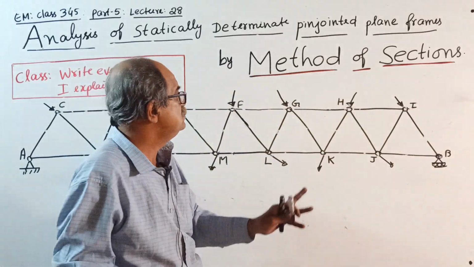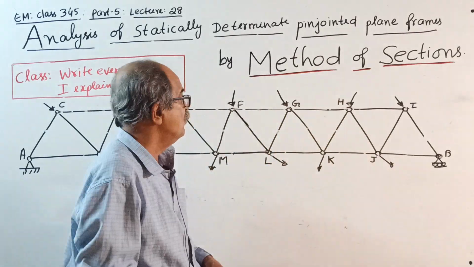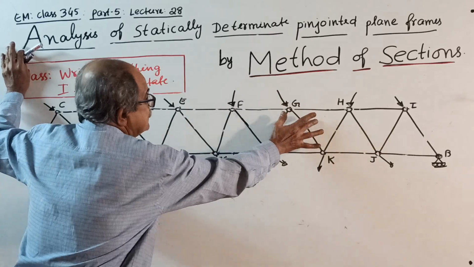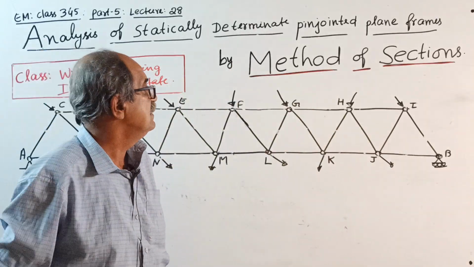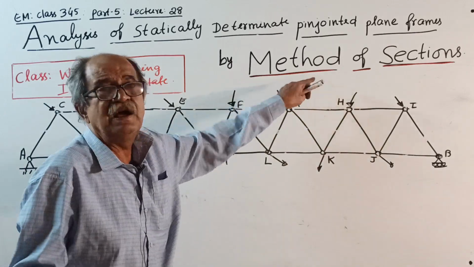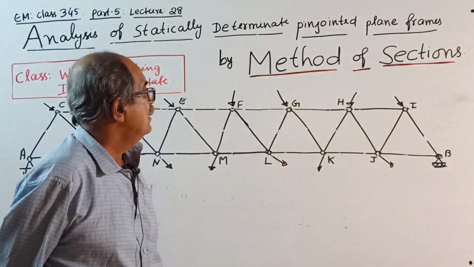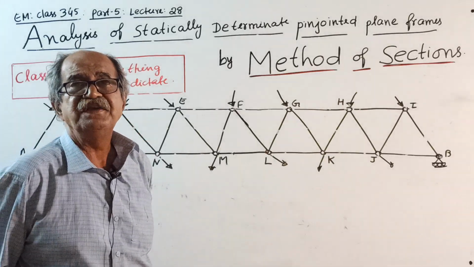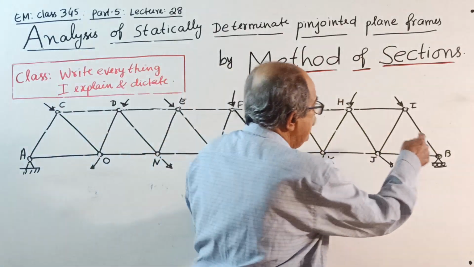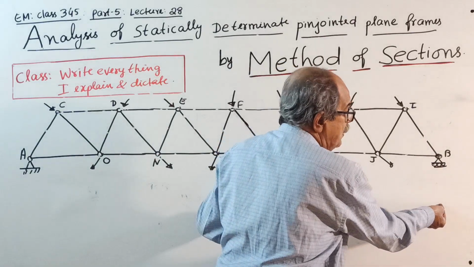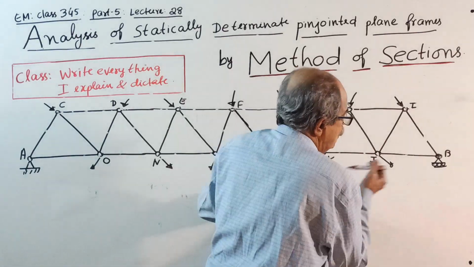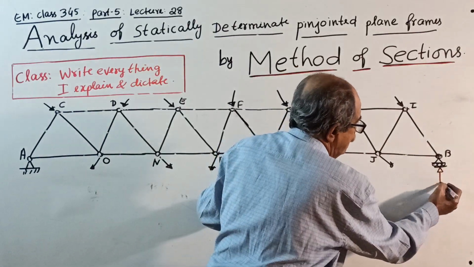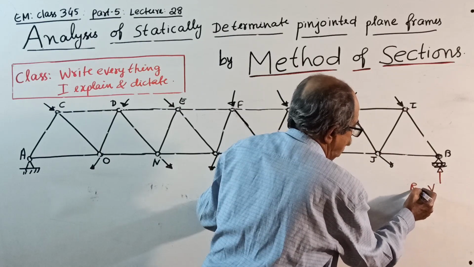That does not matter; loads are applied at joints. Now write the sketch first of all. Still I have not come to method of sections. First you find the support reactions. So the reaction at B is perpendicular to the plane, RB equals VB. It will be like this, VB.